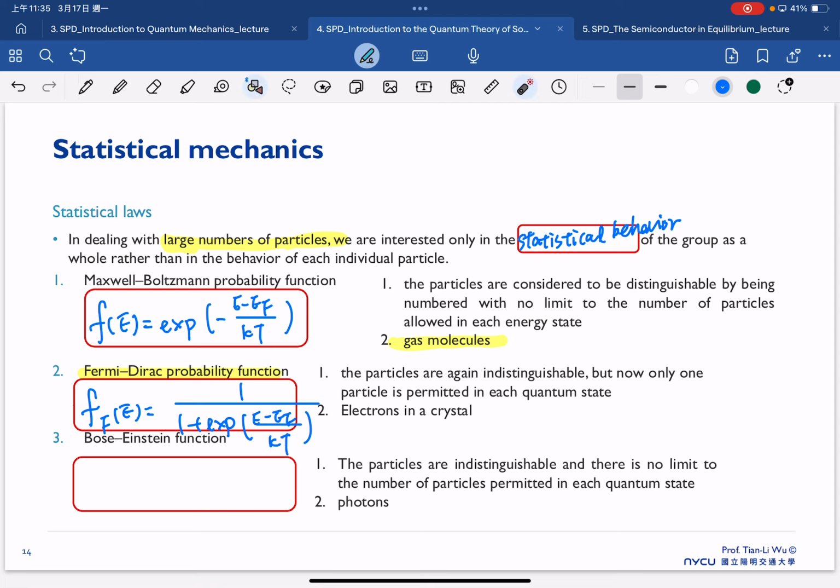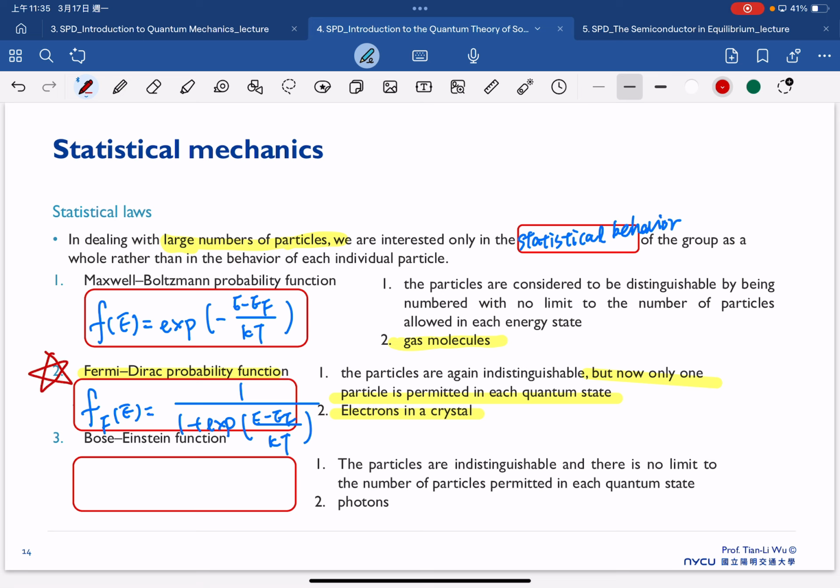Here the particles are considered indistinguishable, but only one particle is allowed in each quantum state, which fits exactly our case. So this can be used to consider the electrons in a crystal, which is important for our semiconductor devices and physics.